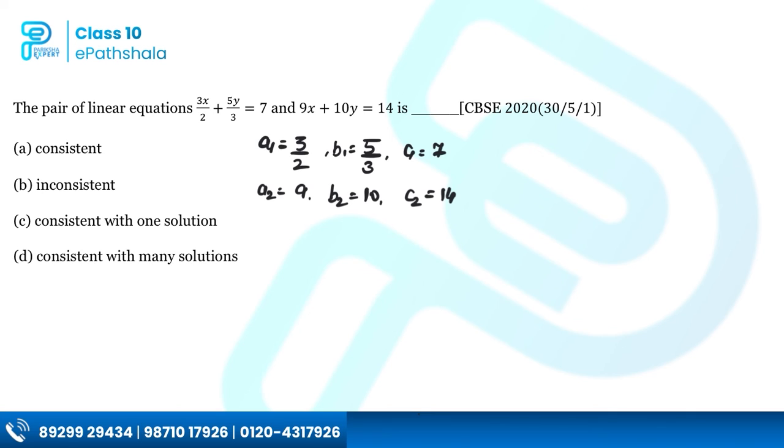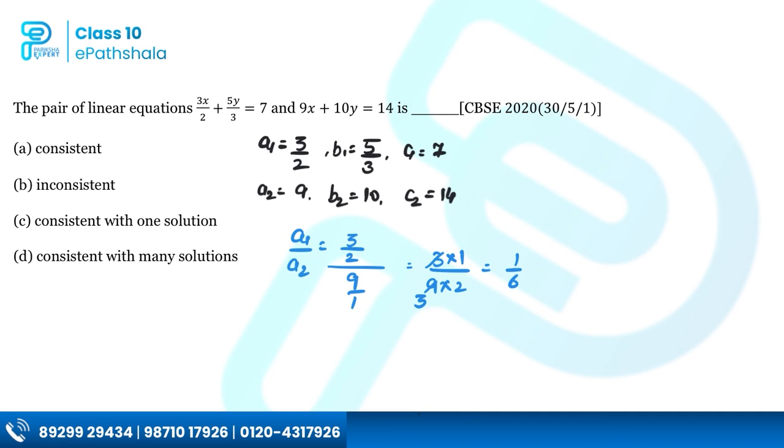So first of all, we are going to check what is a1 upon a2. According to this, it is 3 by 2 whole divided by 9. We can write it as 9 by 1. Hence, we can say this is 3 into 1 upon 9 into 2, which will be equal to, 3 goes 3 times, 1 by 6. So a1 upon a2 is coming out to be 1 by 6. Now let us check what is b1 by b2.